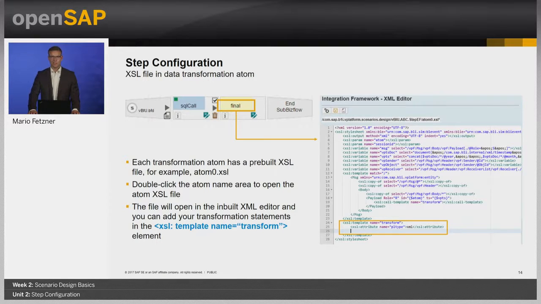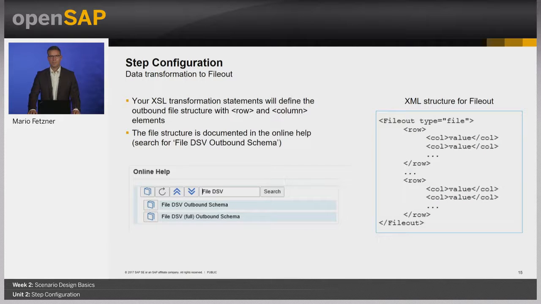The transformation statements will be added to the template transform section of the XSL document. When the scenario runs, the integration framework will process these transformation statements. Your data transformation statements will declare a structure in XML for the data outbound.